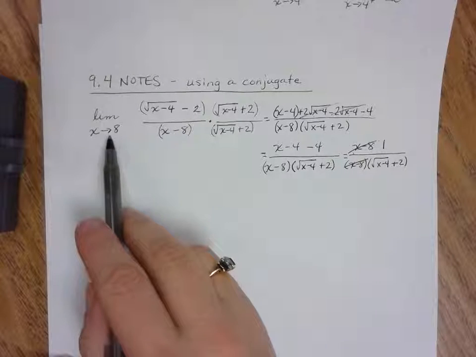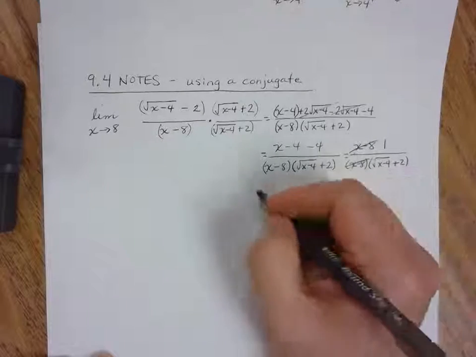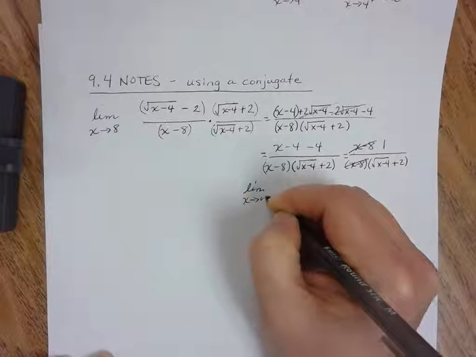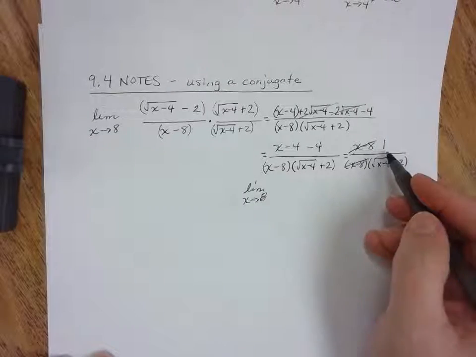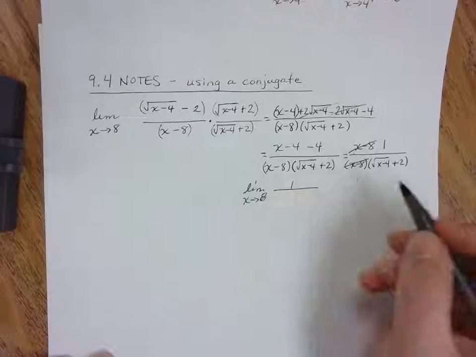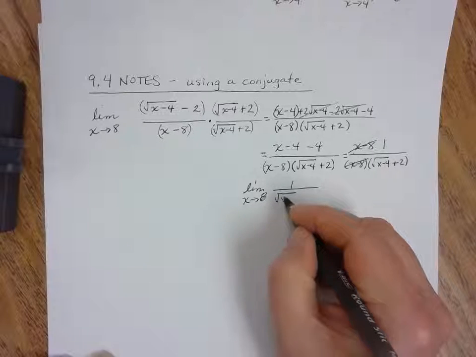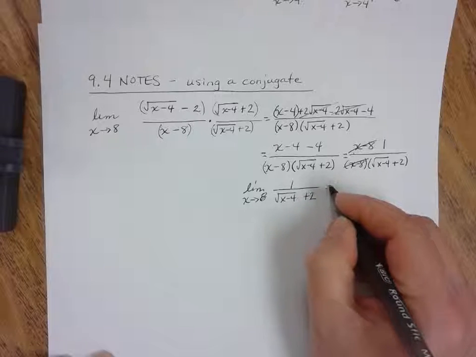I have not brought the limit as x approaches 8. That doesn't mean anything at this point. So I'm still looking at the limit as x approaches 8, not infinity, 8. And now I've got 1 over just this binomial, square root of x minus 4 plus 2.